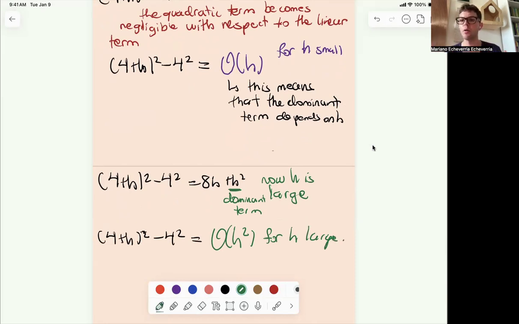So when you say big O, what you're trying to say is which is the dominant term, the term that matters most in an expression. Is that making sense?